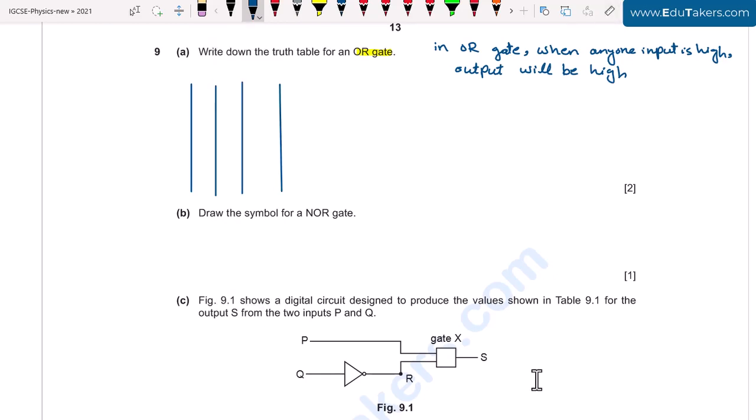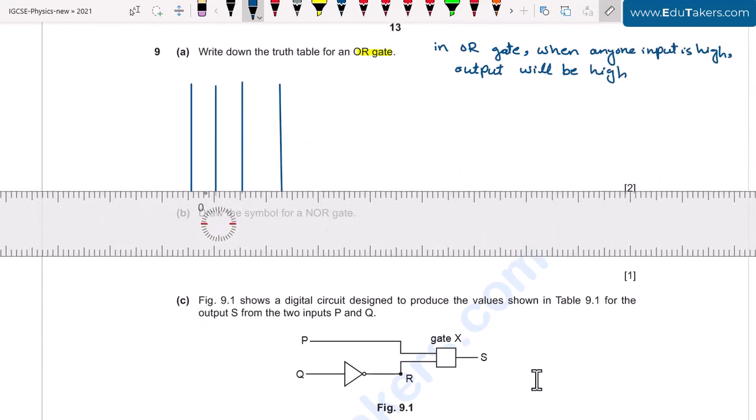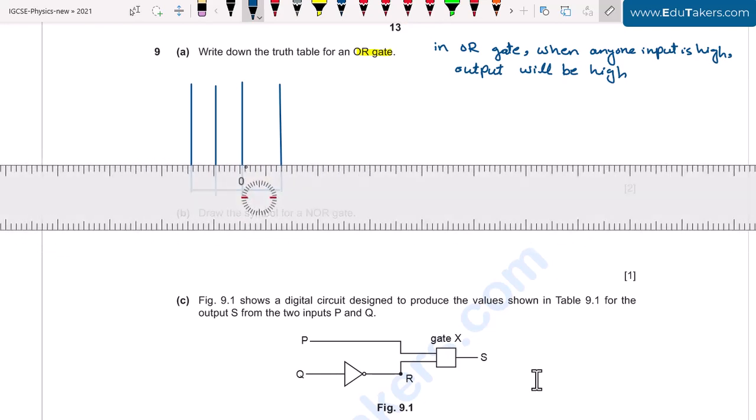We have two inputs and a single output. So there are four combinations of input.